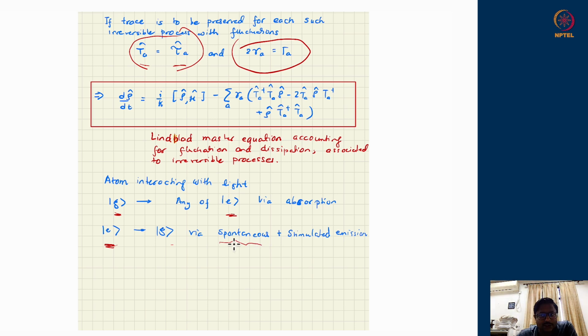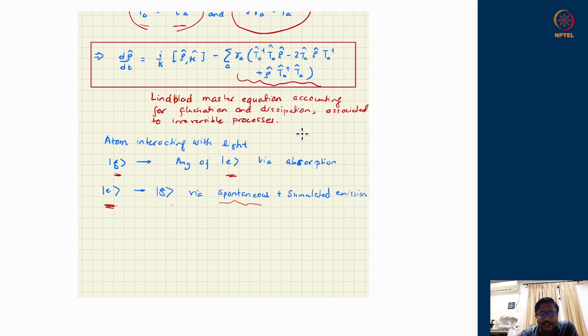So vacuum fluctuations and quantum fluctuations bring in part this non-hermiticity and non-unitarity as well as dissipative fluctuating terms to the evolution of the atom's density matrix. Okay, so this is what the interaction of light and matter in density matrix formalism is typically written like.